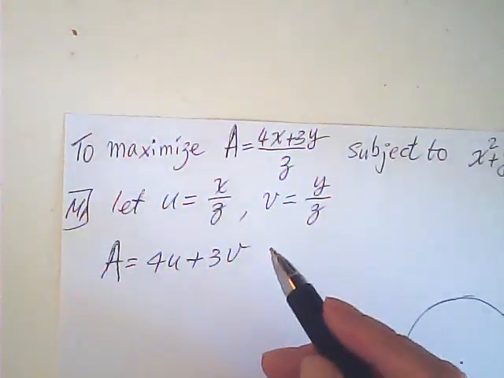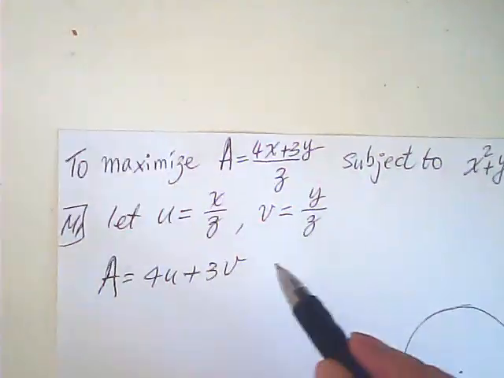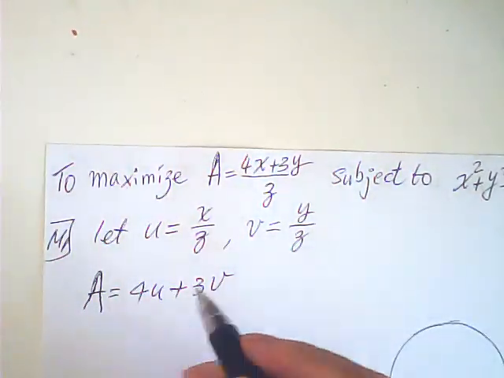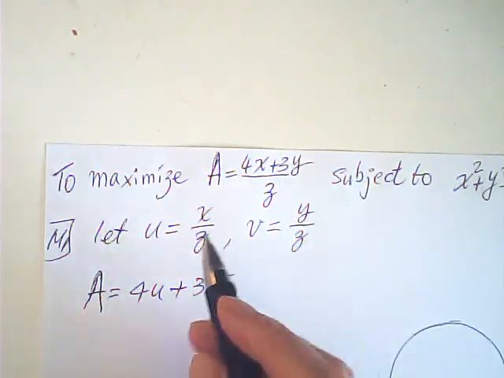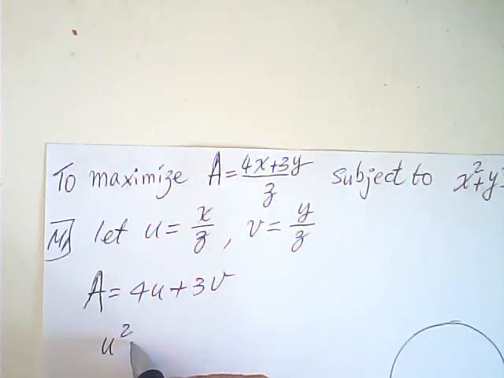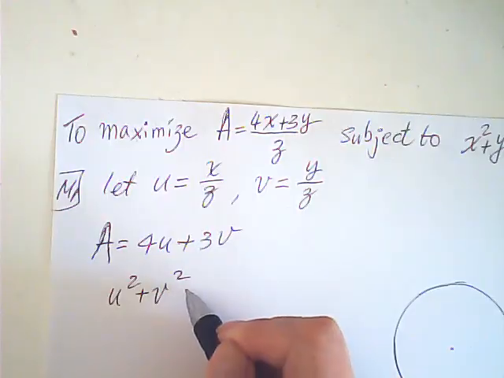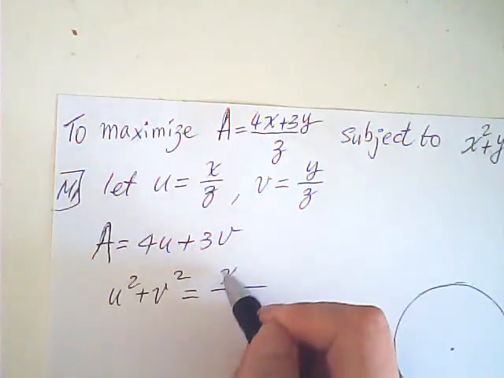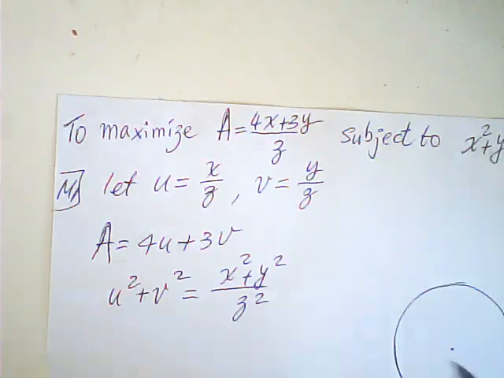Okay, and our constraint, x squared plus y squared: so u squared plus v squared will be equal to (x squared plus y squared) over z squared, right?